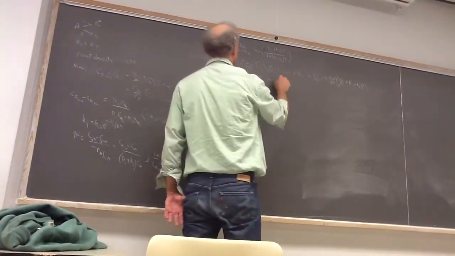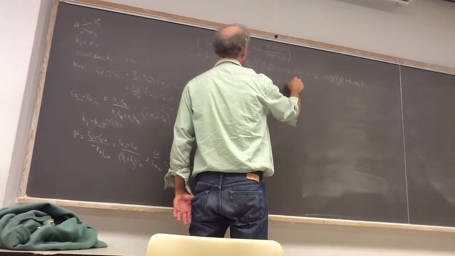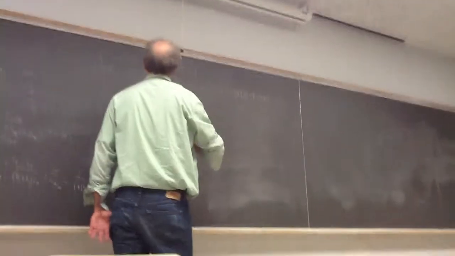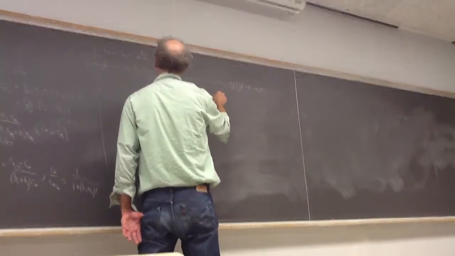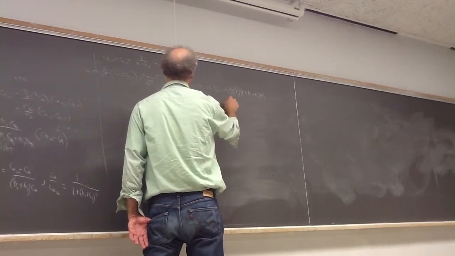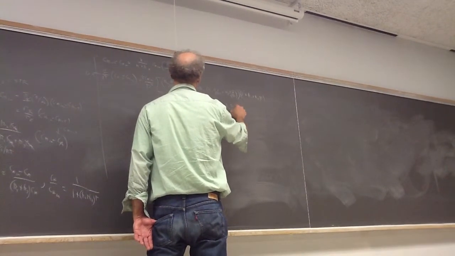So I've got K1 plus K2, I factor out the tau, times the derivative of the denominator, K1 E1 over RT squared plus K2 E2 over RT squared.